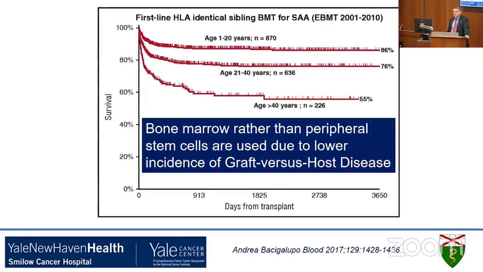The reason for this is that when you collect stem cells directly from the marrow, rather than catching them when they circulate in the blood, there is a lot less incidence of graft versus host disease, which is not necessary in patients who don't have malignancy, like aplastic anemia. We just want them to get a new immune system.